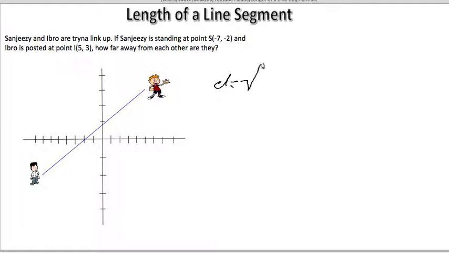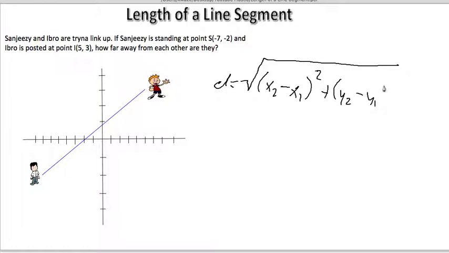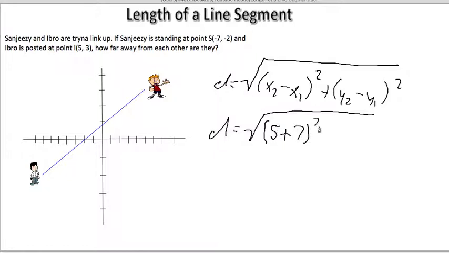So distance equals the square root of x2 minus x1 squared plus y2 minus y1 squared. Distance equals the square root of x2. Like I said, we always want to use the bigger number for x2, so we've got a 5. 5 minus minus 7, so that's plus 7, squared.